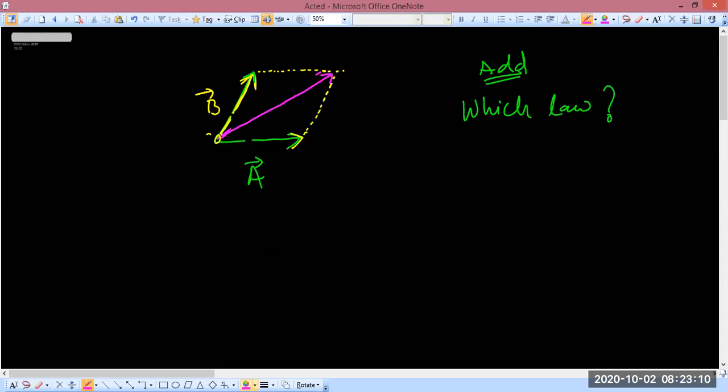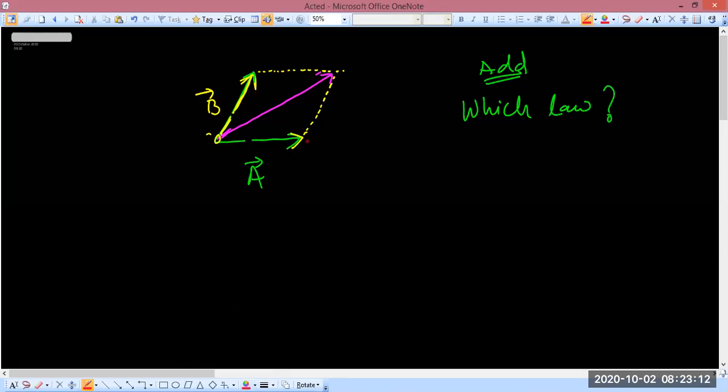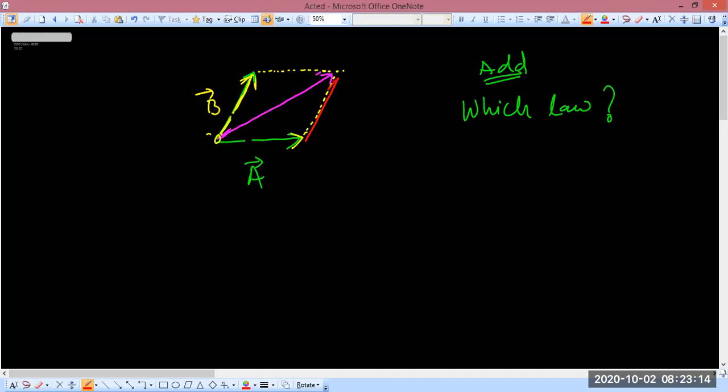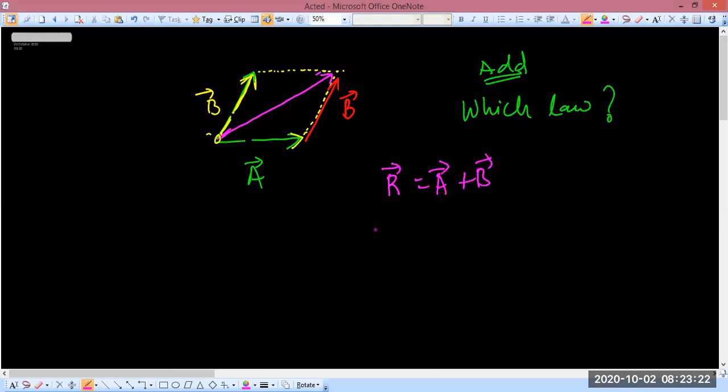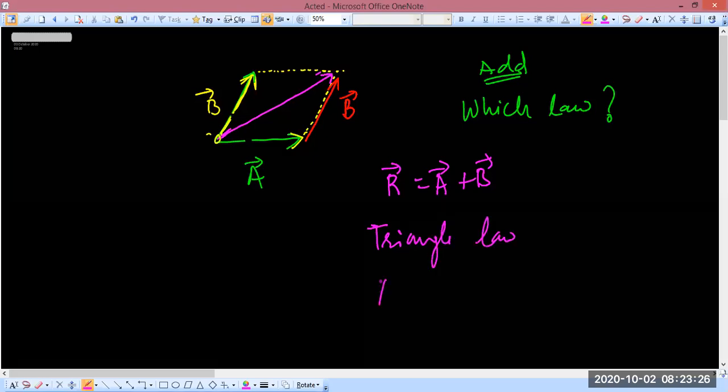Do you all see that if the B vector would have been here, still this pink one would have always been R vector equal to A vector plus B vector, either way, even by triangle law and even by parallelogram law. Agreed? Even by triangle law or parallelogram law, it would have been the same.